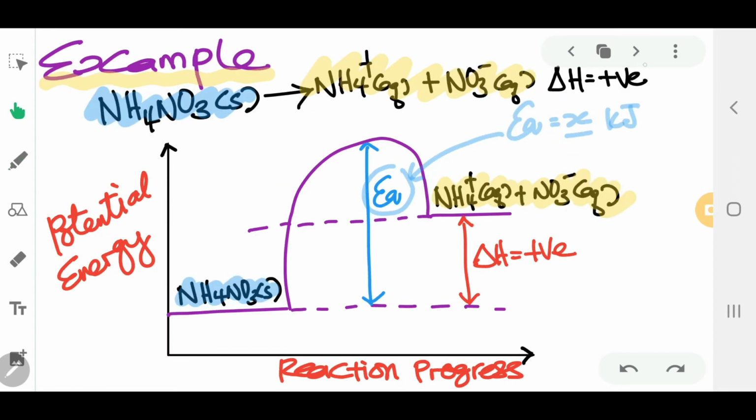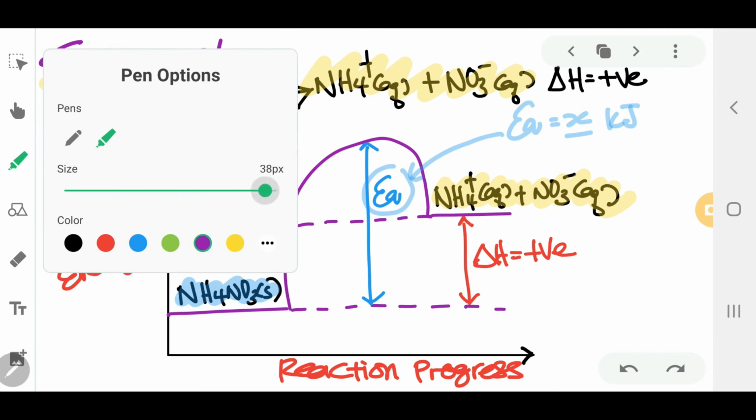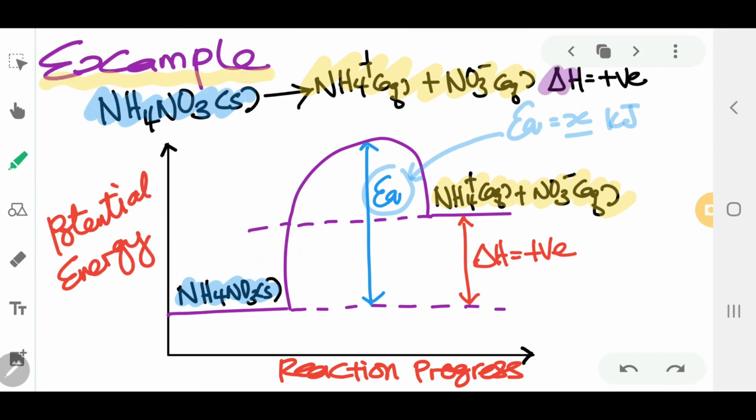Now let's have a look at one real example for endothermic. Right here, we have NH4NO3 solid to be converted into aqueous ionic species. And when you look at the delta H value, it is a positive value, and that is the indication this reaction is endothermic.